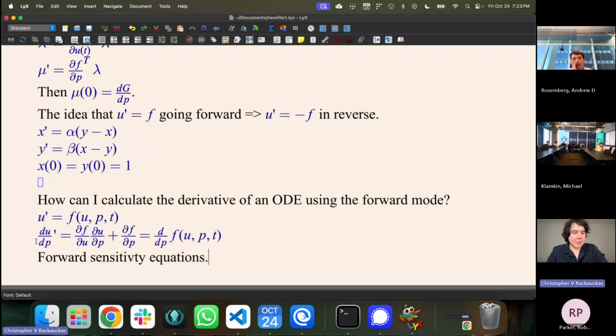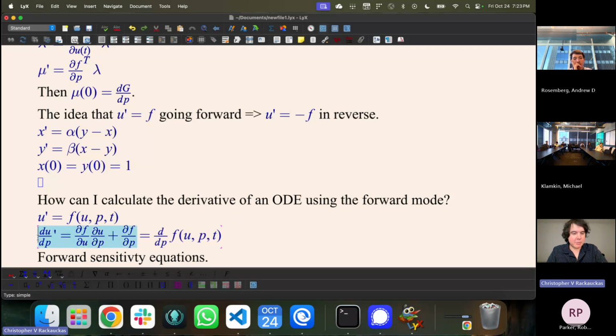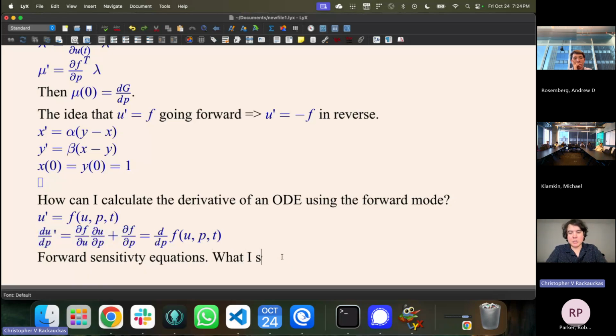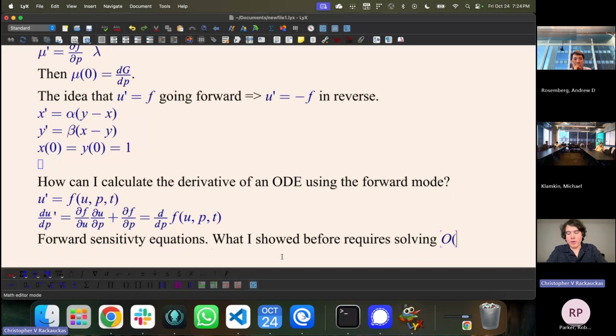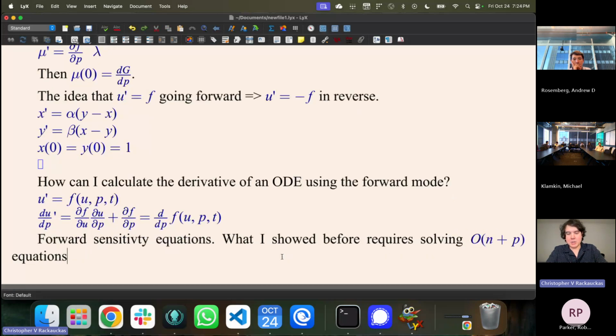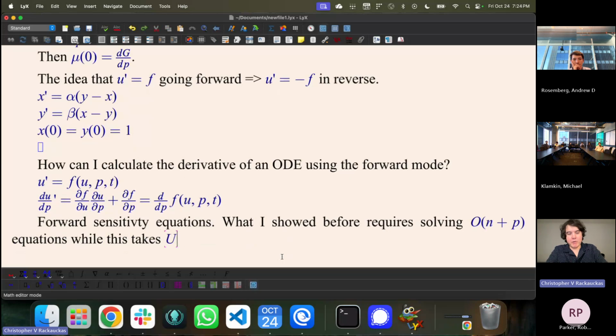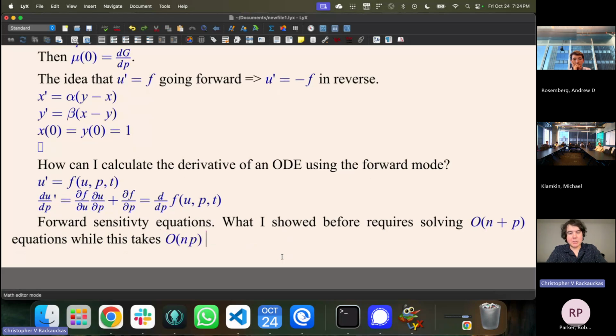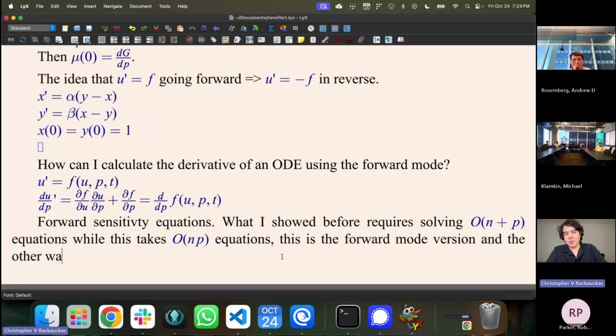The reason why you don't necessarily want to use this to calculate your derivative is because it has quadratic growth. What I showed before requires solving O of n plus p equations, while this takes O of n times p equations. So this is the forward mode version, and the other was the reverse mode version, right? And so as you get really large equations, this one is slower, yada, yada, yada.